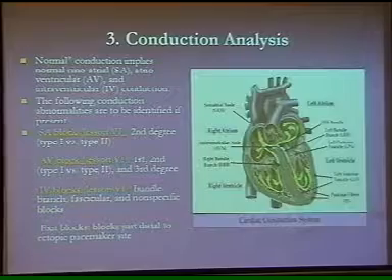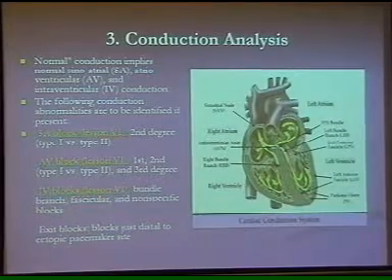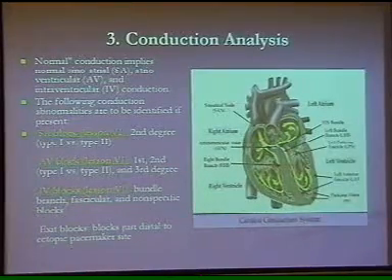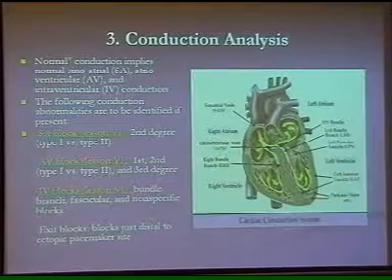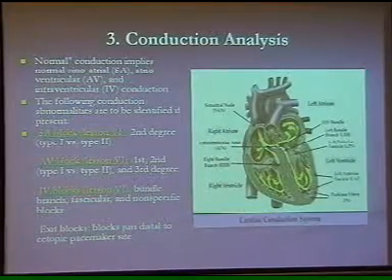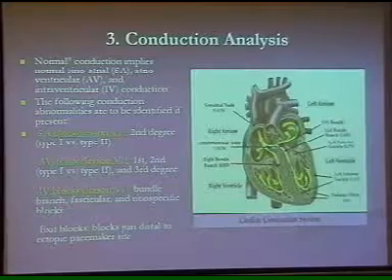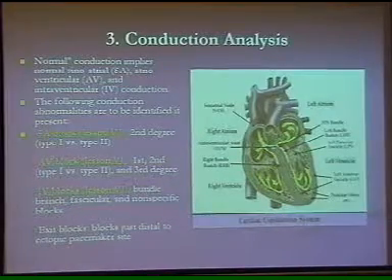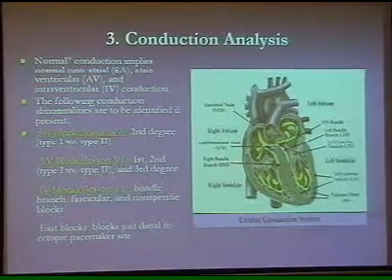It should not change. This lengthened PR interval is more than 200 milliseconds. And in second degree heart block, Mobitz 1, there is progressive lengthening. So it may start off normal, then get longer until there's a dropped beat.